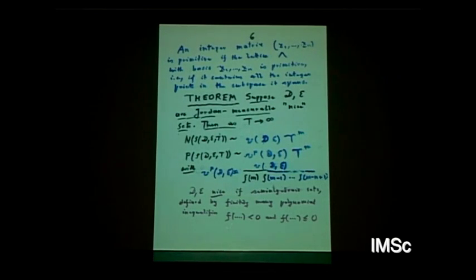Now, nice: for example, if you assume D and E are what's called semi-algebraic, that is to say defined by finitely many polynomial inequalities, f less than 0 or less than or equal to 0, that would be called a semi-algebraic set.